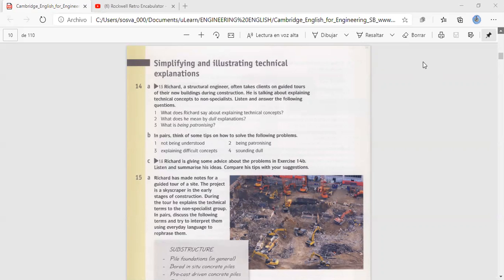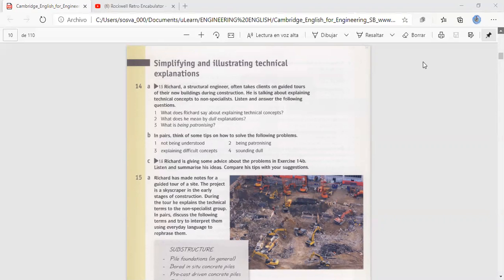It depends on the project and of course the factory or enterprise you're working for. So in this case, you might remember that last session we did the first listening about Richard. Of course, I'm going to play it again so we can refresh the ideas and the concept. In the first part, you can see a photo of something that looks like an excavation.